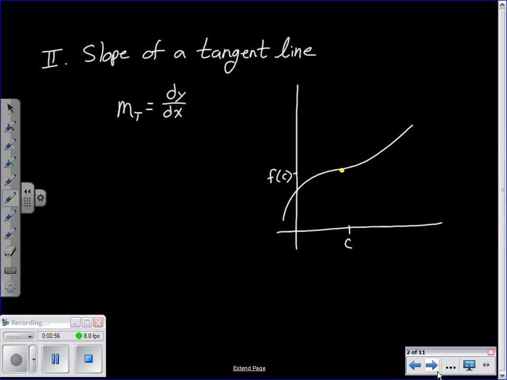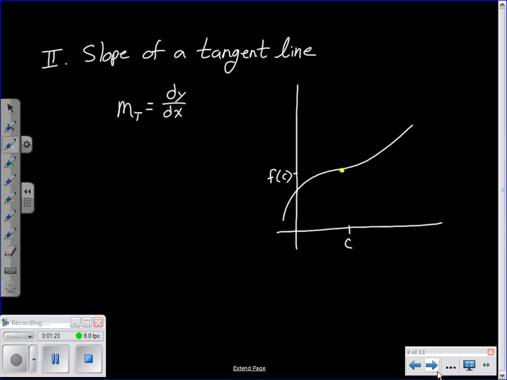Now, if I wanted to find the slope of a tangent line, I can denote that as m with a subscript of t, just to let us know that we're finding the slope of a tangent. What that's going to be equal to is dy divided by dx, or the derivative at a specific point. If I think of dy dx as being similar to delta y over delta x, I'm taking 2 points that are so close together that they're not even recognizable as distinctly different points.